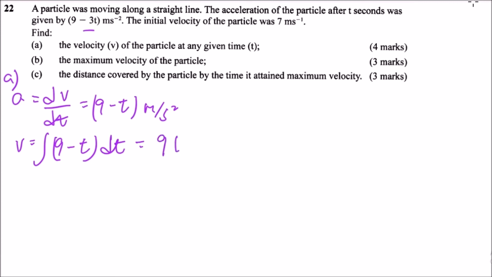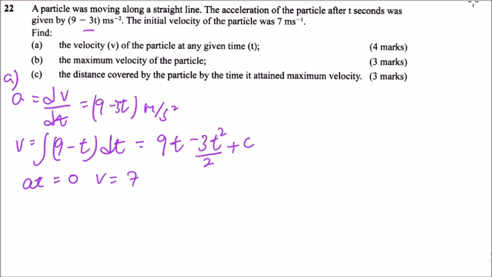You get 9t minus 3t squared over 2 plus c. But we know at t equals 0, v is equal to 7, the initial velocity.